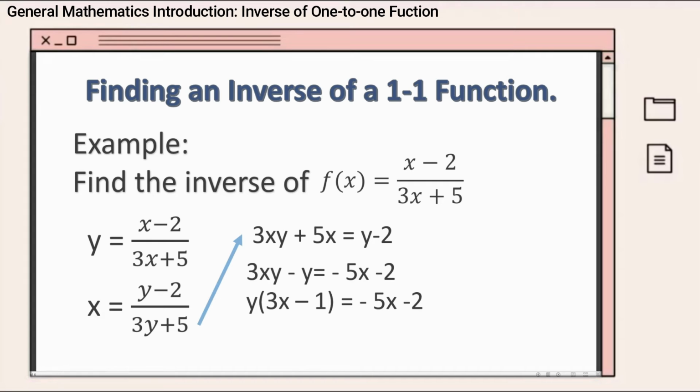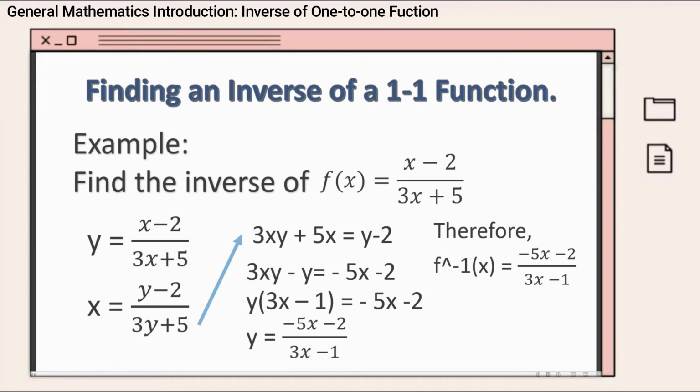Notice how we have 3x minus 1 on the other side. So in order to get rid of that, we have to divide both sides by 3x minus 1. So we have y is equal to negative 5x minus 2 over 3x minus 1. So therefore, we can conclude that the inverse function of f of x is equal to negative 5x minus 2 over 3x minus 1.